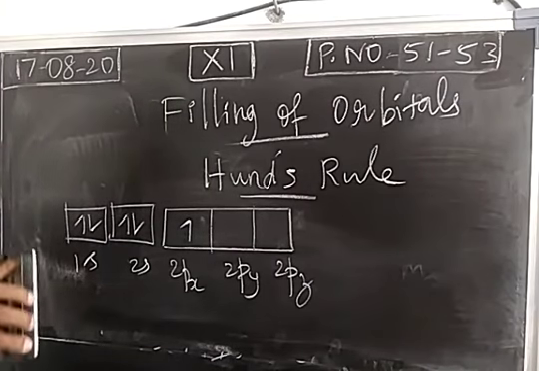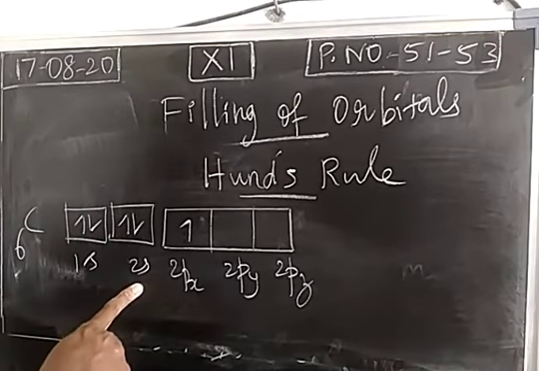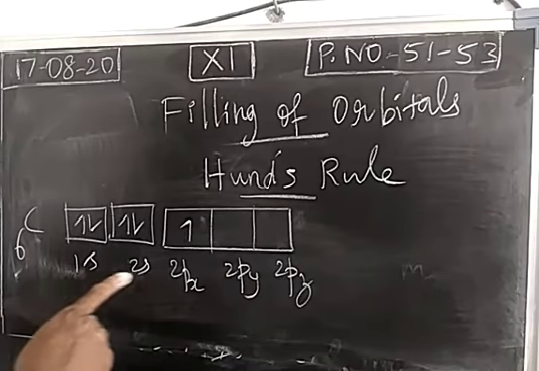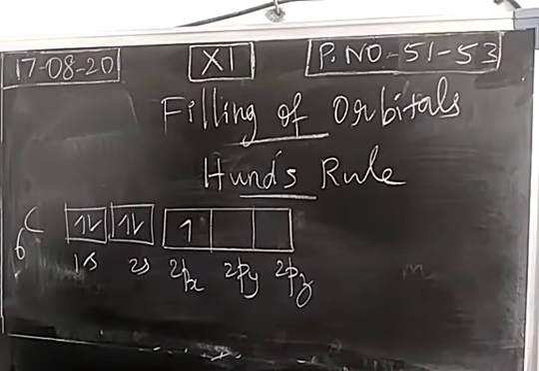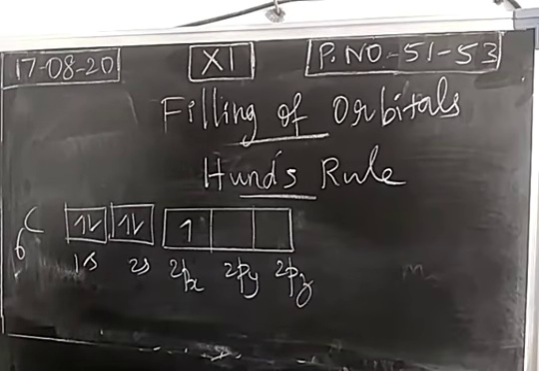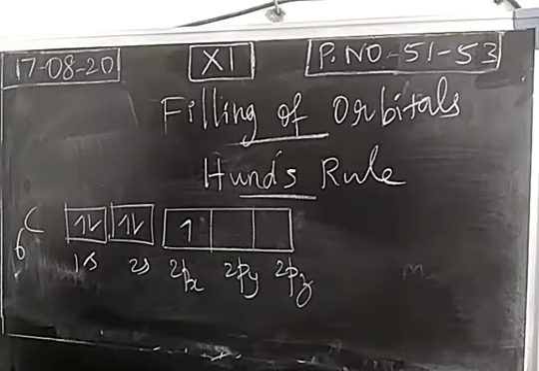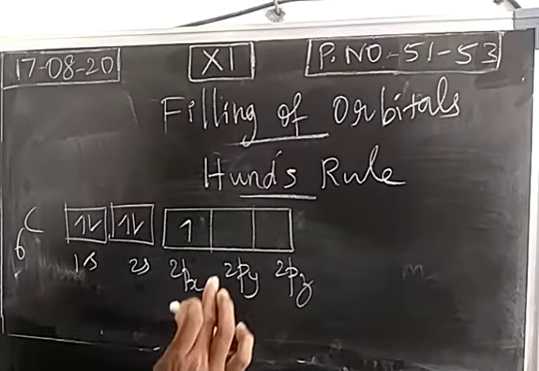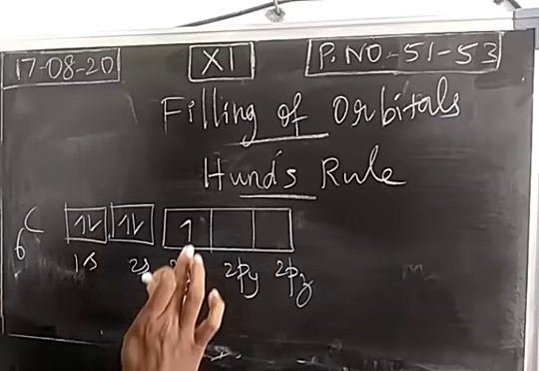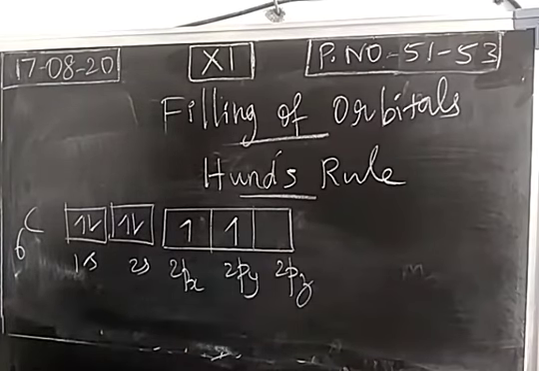If you take carbon, atomic number 6, 1s2, 2s2, 4 electrons already filled in lower energy orbital. Next, 5th electron is occupying 2px orbital. What about the 6th electron? Now 6th electron will be placed here or here. Maximum 2 electrons can be in an orbital. Now the question is, 6th electron will occupy 2py orbital or 2px orbital. According to Hund's rule, the 6th electron will occupy here.